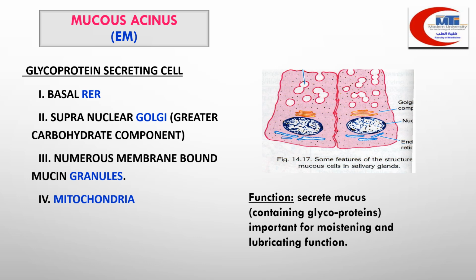So, by electron microscope of glycoprotein secreting cells of the mucus acinus, we can see basal rough endoplasmic reticulum, supranuclear Golgi apparatus, numerous membrane-bounded mucin granules, and numerous mitochondria.